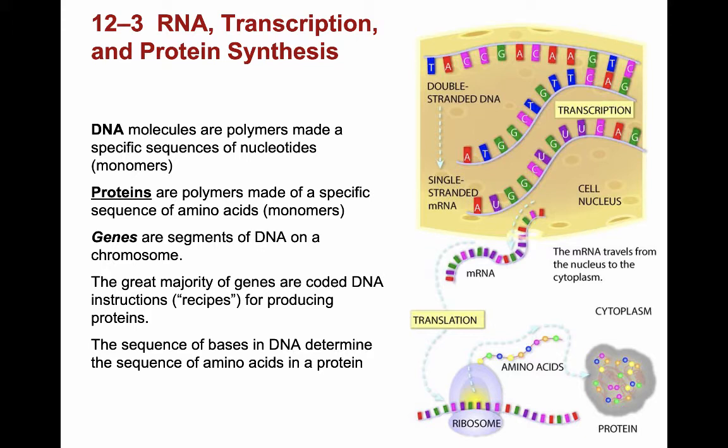So we've learned a little bit about DNA and the structure of DNA and how it can be copied or replicated. We've learned that DNA is an incredibly important molecule for living things, that it acts as the hereditary information that's passed on from cell to cell, from parent to offspring.